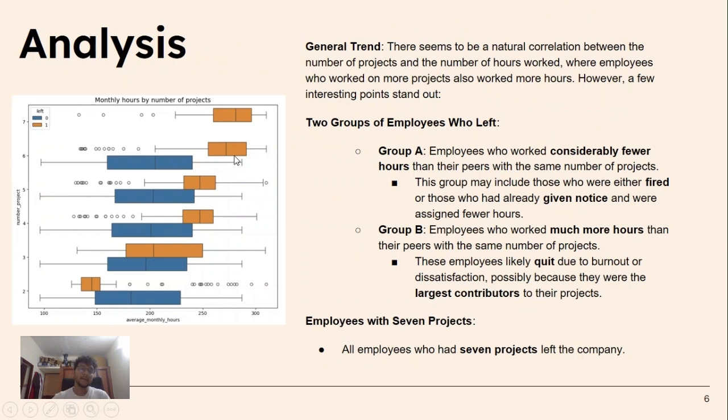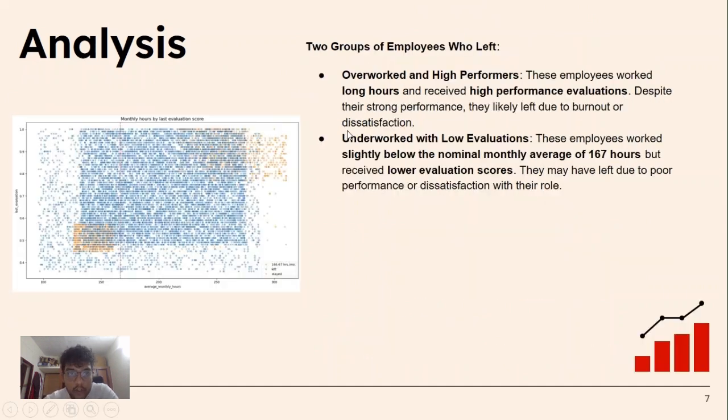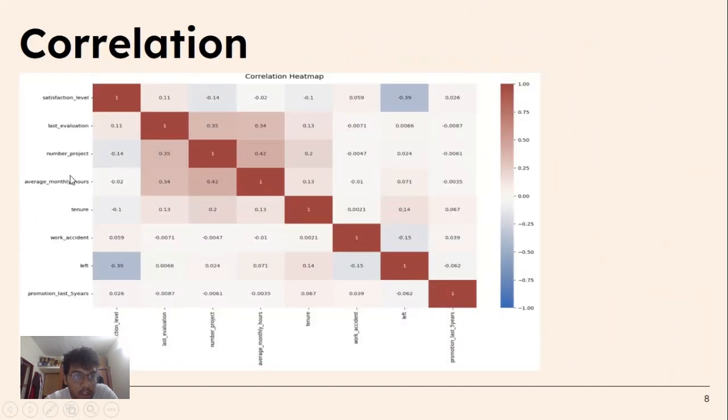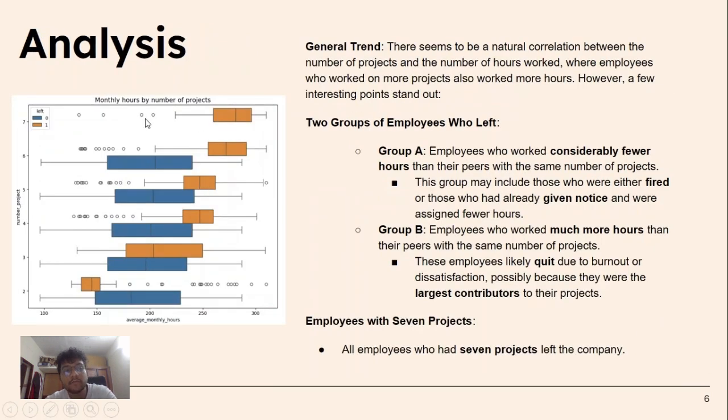So here's our analysis. We found that there's a natural correlation between the number of projects and the number of hours worked, which you can see here in the correlation map, that average monthly hours and number of projects have the highest correlation. So we decided to draw a box plot between the number of projects and the average monthly hours.